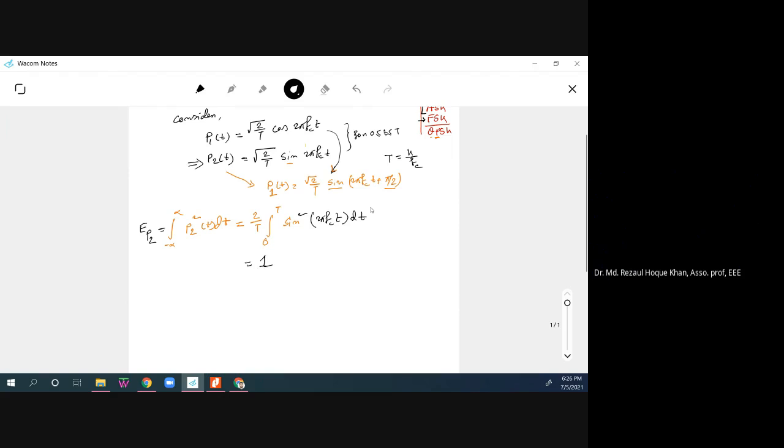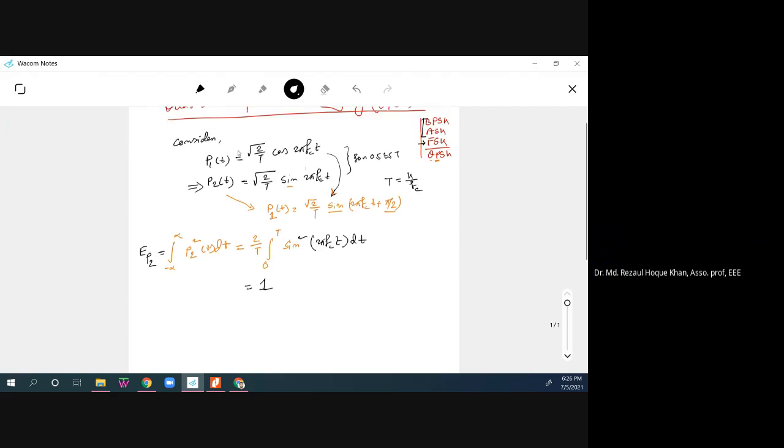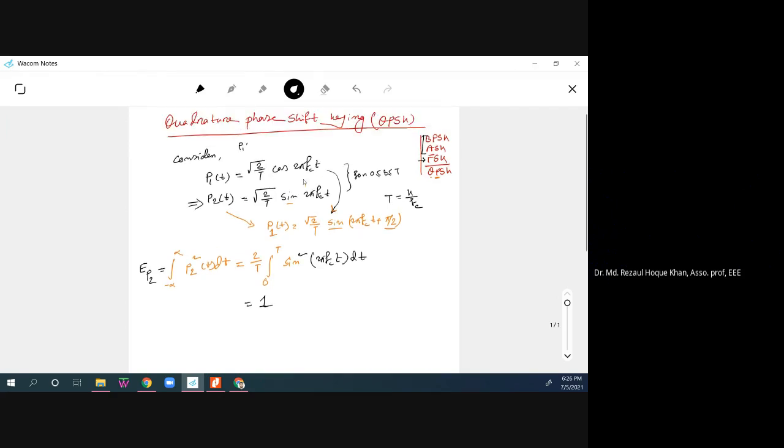So this is a unit energy. This is our preliminary assumption that P1 and P2 are unit energy pulses. So EP1 will also be 1. So we know that the energy for both pulses is unit.